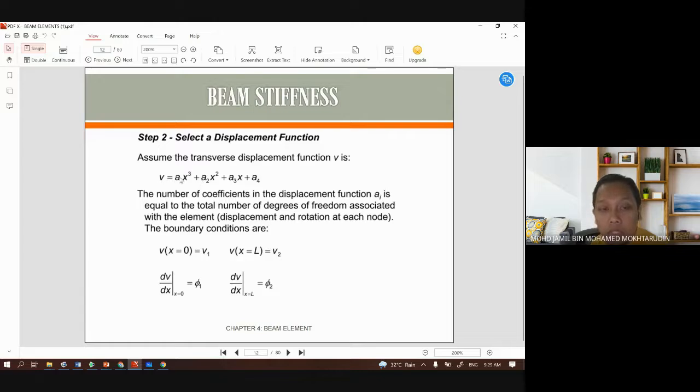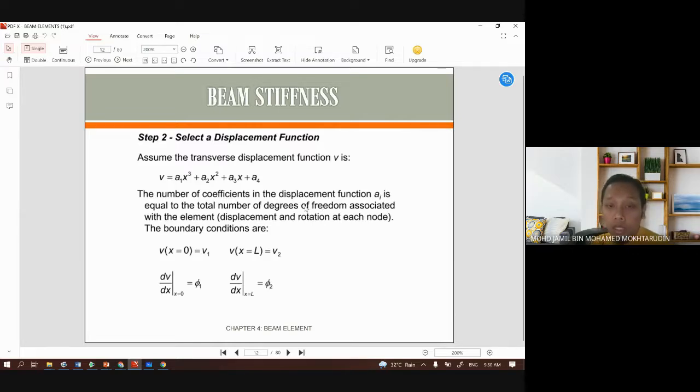So v equals a1x cubed plus a2x squared plus a3x plus a4. a1, a2, a3, and a4 are just coefficients of this polynomial, and we want to determine them. The number of coefficients in the displacement function equals the total number of degrees of freedom. We have displacement and also rotation as degrees of freedom.